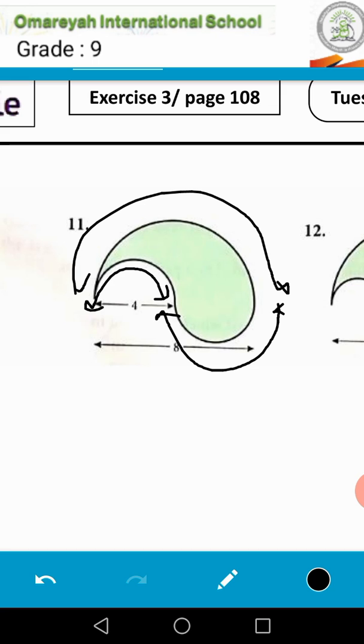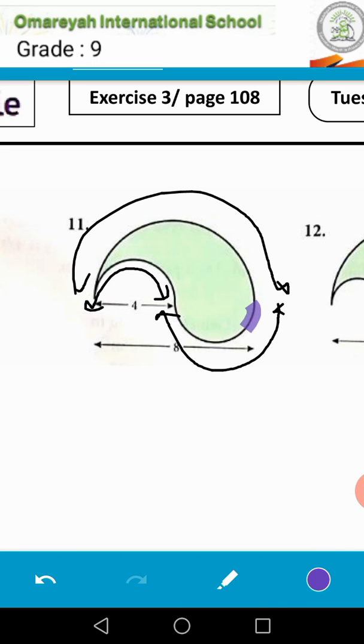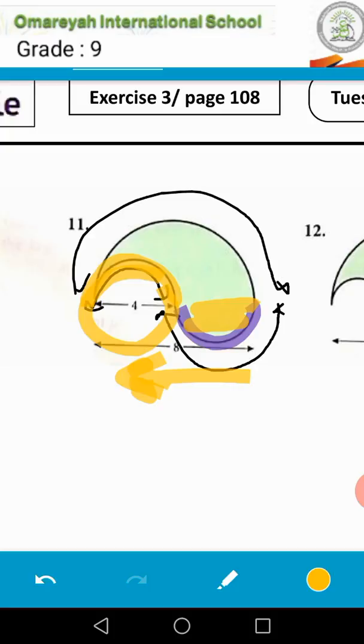this circle. Teacher, this part plus this part, imagine we make a translation for this part to the left side. You get a full circumference, right?